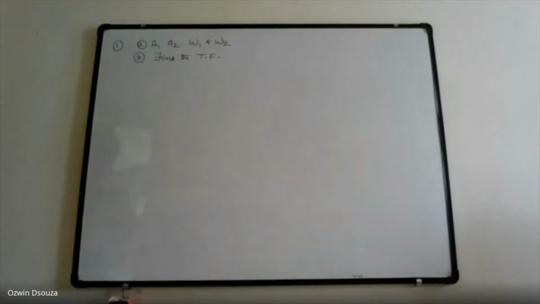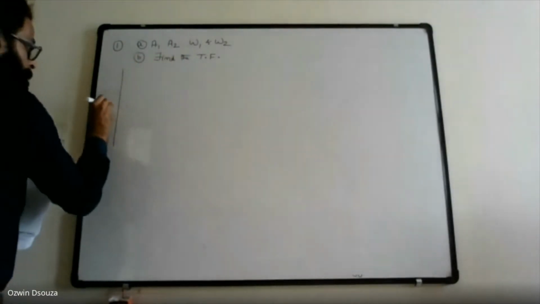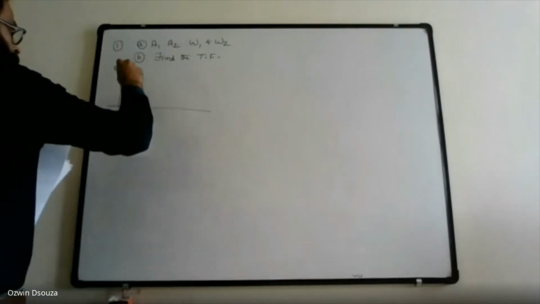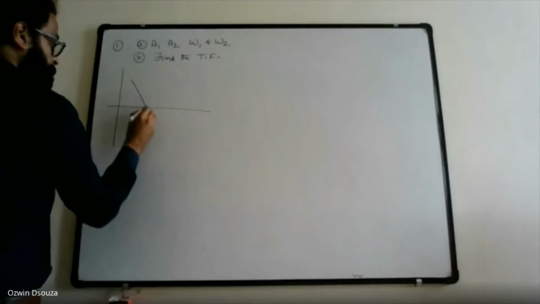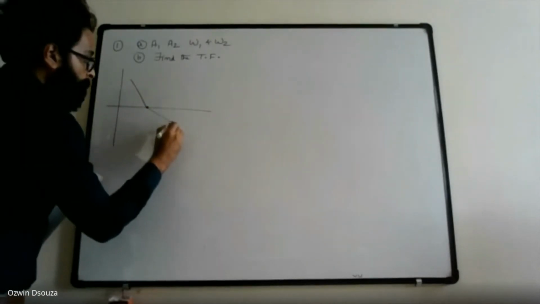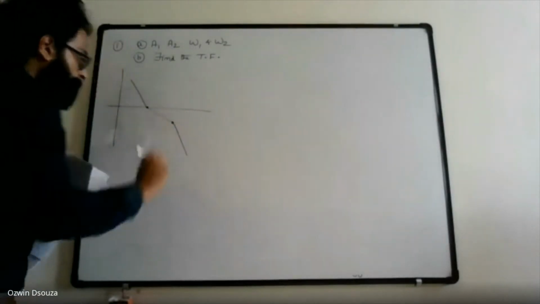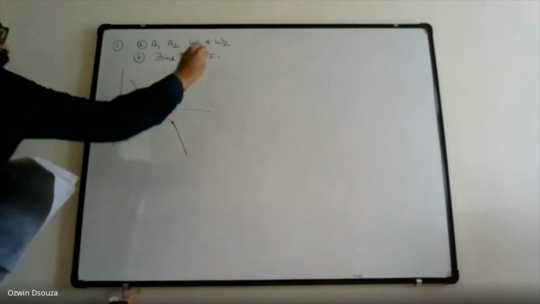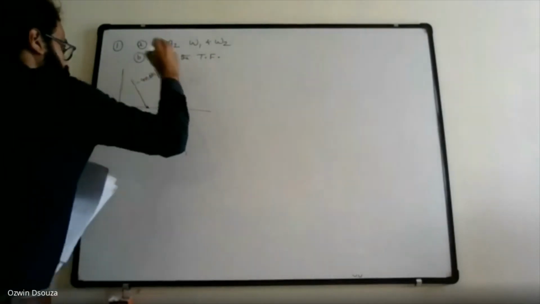So the given Bode diagram is something like this. And this is minus 40 decibel per decade.